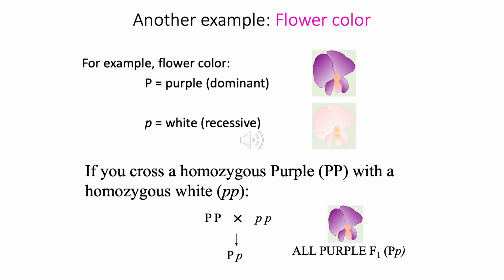I also put another example here using flower color. The flower color is purple for dominant and white for recessive. Similarly, when you cross a homozygous purple with a homozygous white, of course you will have heterozygous purple for the F1 generation.